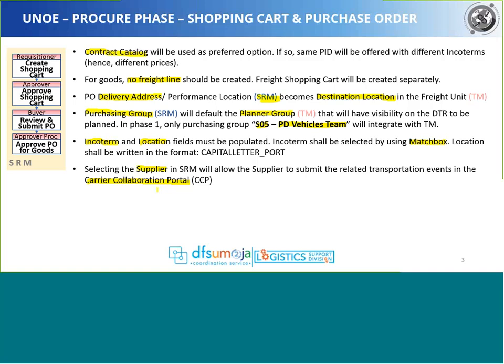So let's say that we are talking about vehicles. Let's say that the supplier is Toyota. So if a new shopping cart or a new PO is granted to Toyota, after the PO is approved, the vendor, Toyota in this case, will have access to the carrier collaboration portal to submit the events and the documents related to that shipment.